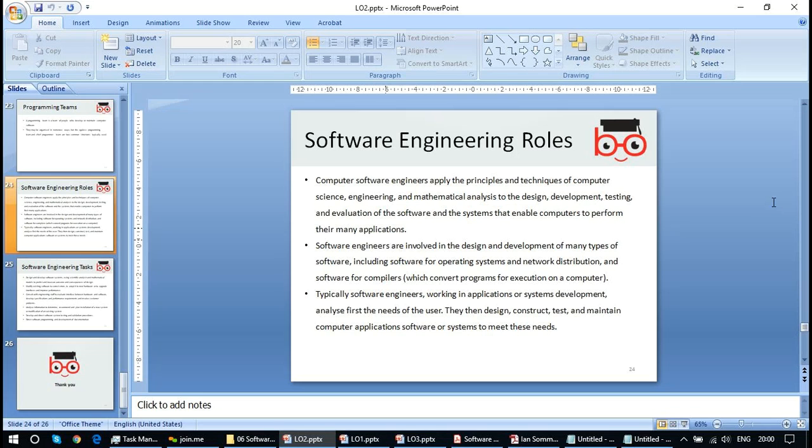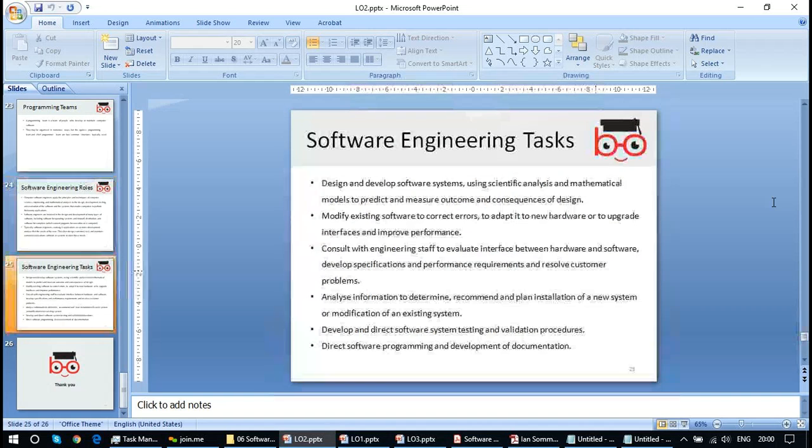Then the roles of the software engineers: computer software engineers apply the principles and techniques of computer science, engineering, and mathematical analysis to the design, development, testing, and evaluation of the software and systems that enable computers to perform their many applications. They are involved in the design and development of many types of software, including operating systems.